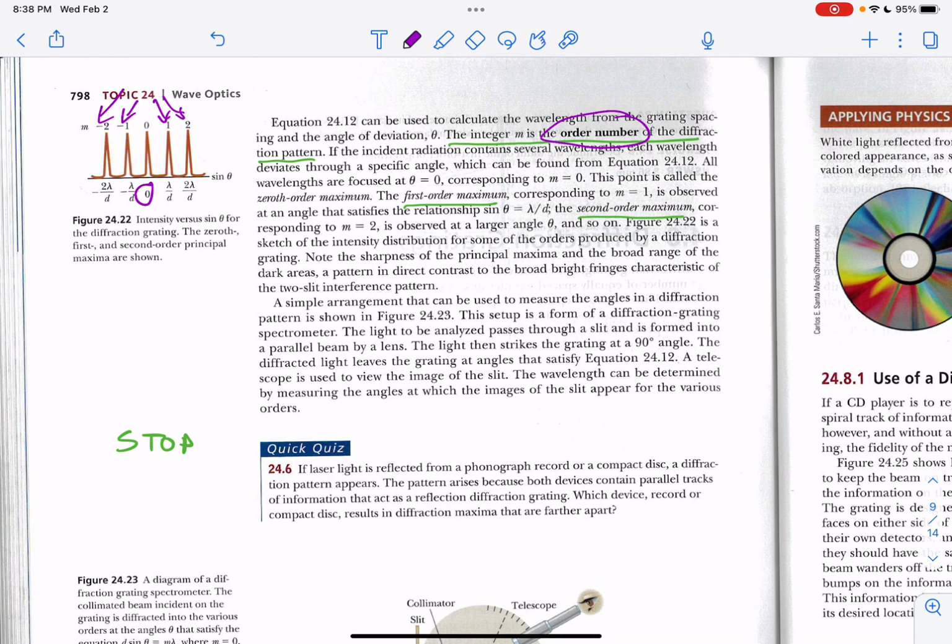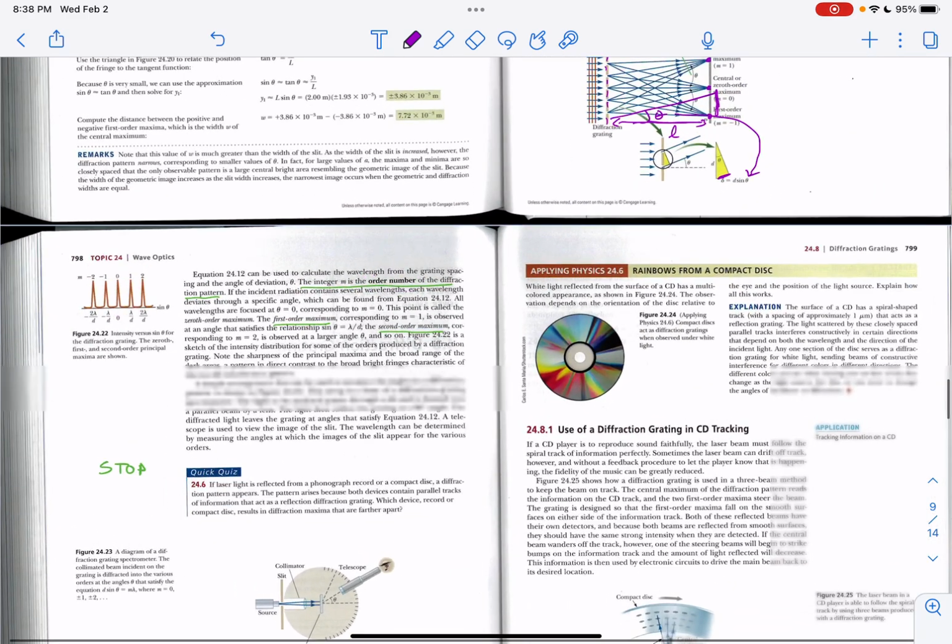And of course, your angle theta gets bigger and bigger as you try to measure it from 0 to the first to 0 to the second. But you'll still be able to use this to calculate the wavelength of light.